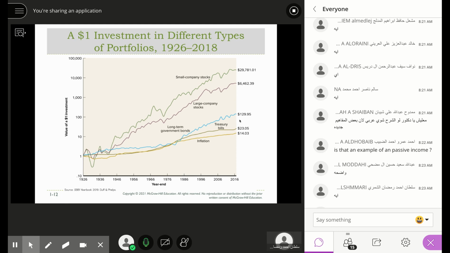So with a high certainty, you know that you will receive this particular amount in that particular deadline or maturity date. Whereas in stocks, you are taking a risk. So the stock price may go up or may go down. So there is a higher risk. That's why we see also a difference on the return.